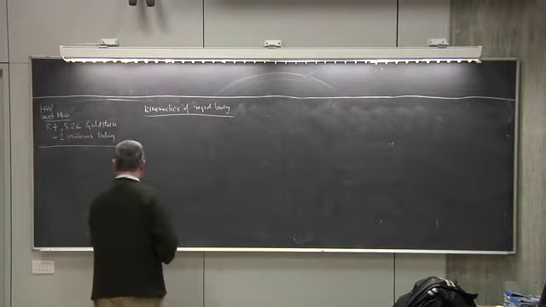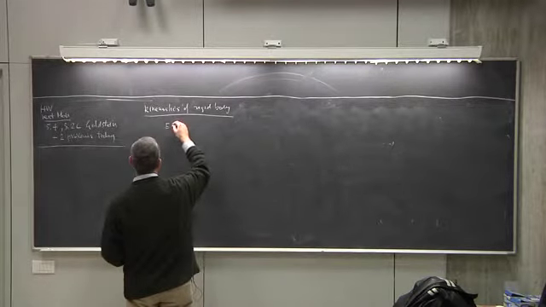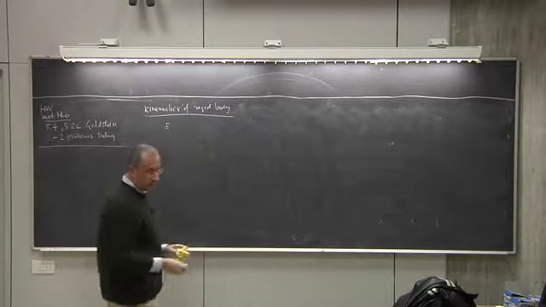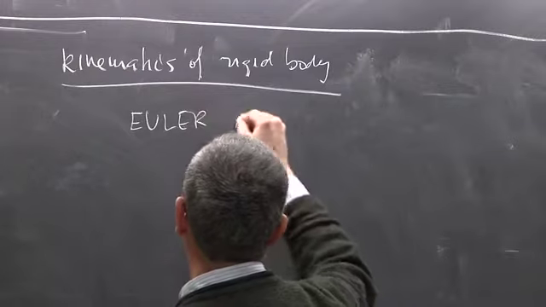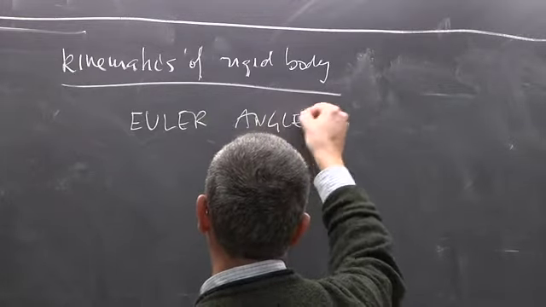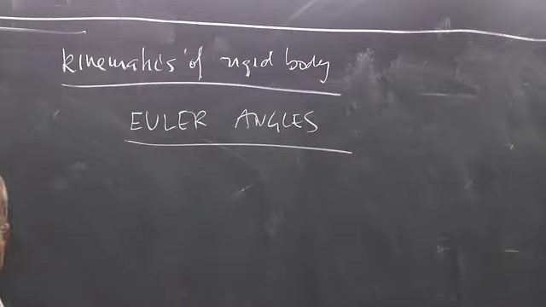So they are called Euler angles. So the kinematics of a rigid body is based on this. So these are like the x, y, and z for the kinematics of a rigid body.